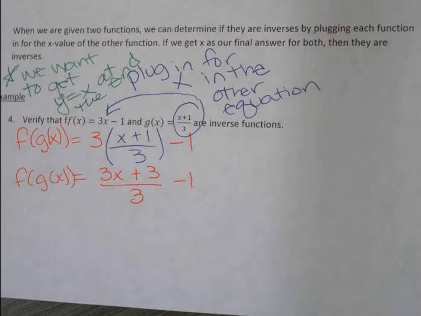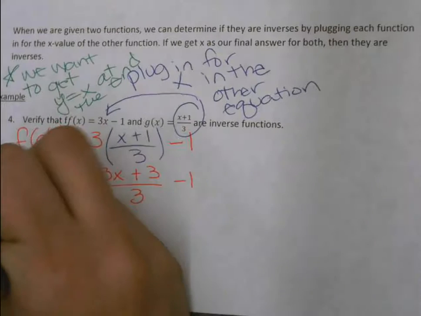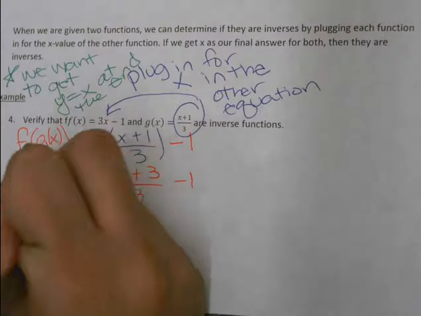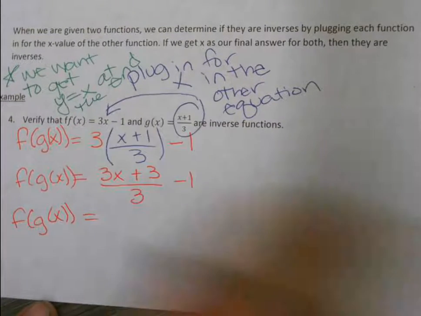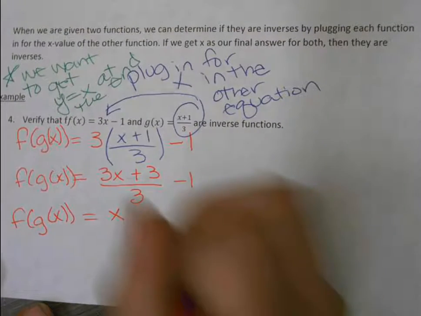No, I was talking about the whole right side, sorry. Nope. You always distribute to only the numerator. So then what do I want to do? Okay. Because both my numbers in the numerator can be divided by 3, I'm going to simplify them. 3x divided by 3 is just regular x. 3 divided by 3 is 1.